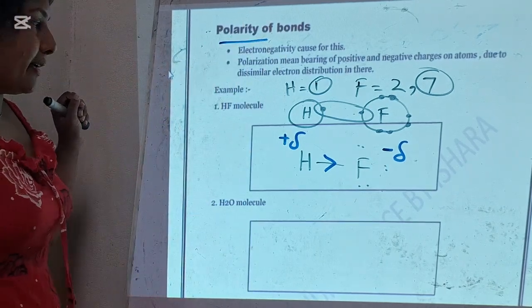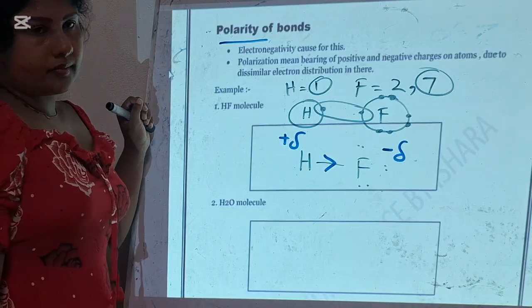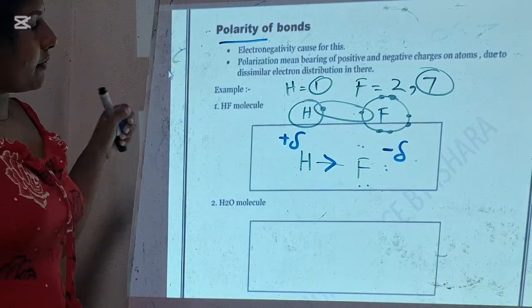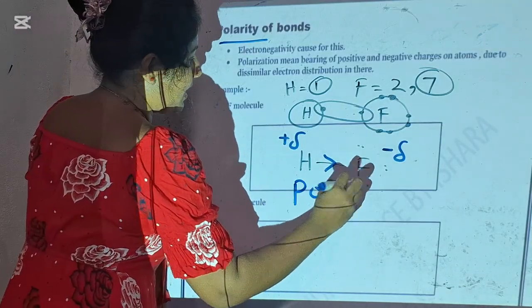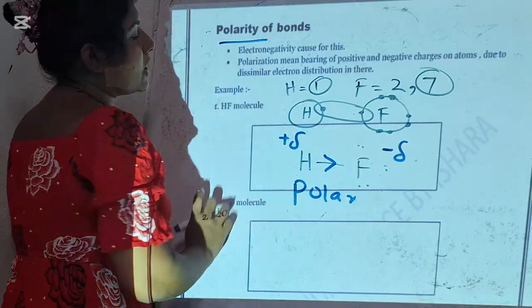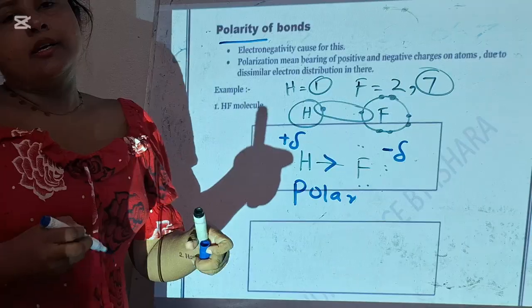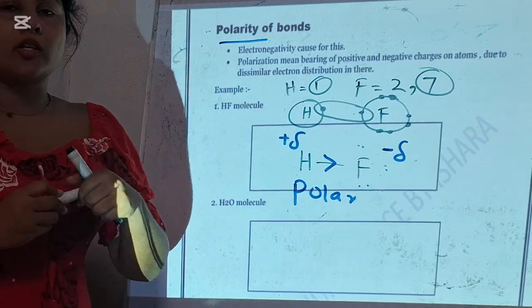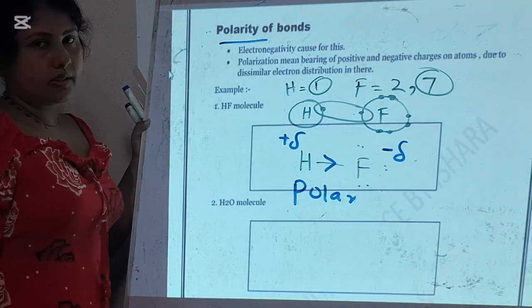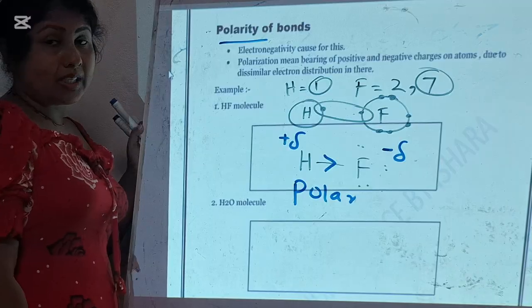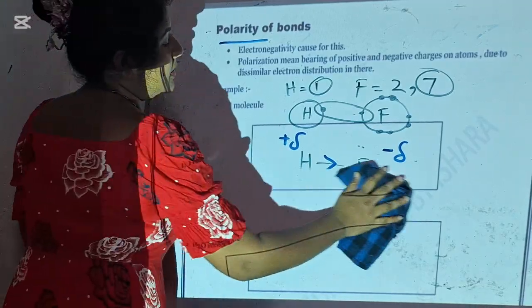I think you can understand it. So this bond is a polar bond. The reason for the positive and negative charges there is the difference of electronegativities. So draw it in your book. It may tilt. Now I am cleaning it.